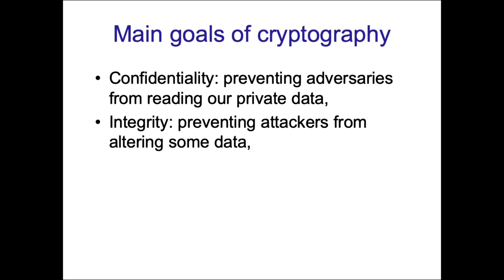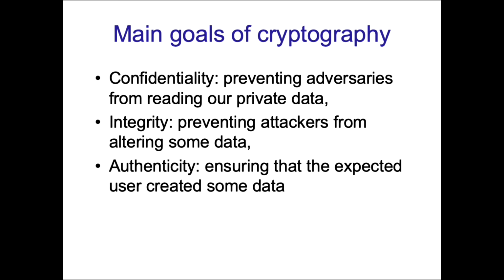So this makes sure that an attacker cannot change our data without us realizing it. And third is authenticity. We want to make sure that a message that says it's coming from Alice really is coming from Alice and not from someone else. So ensuring that it's really coming from the user that you expect it to be coming from.